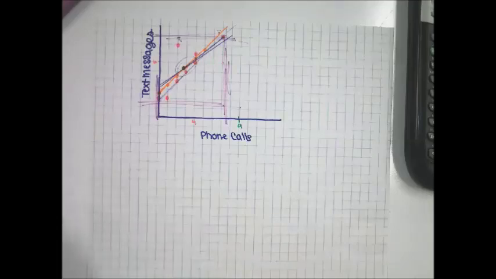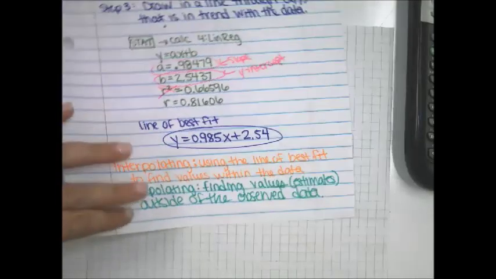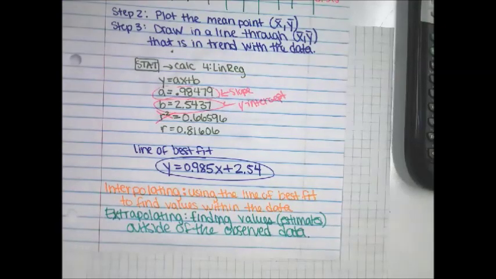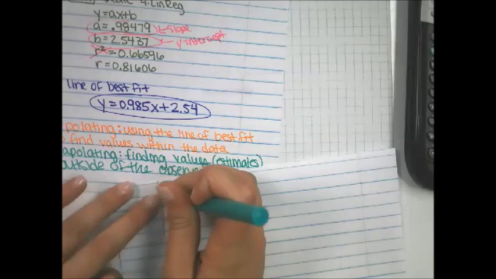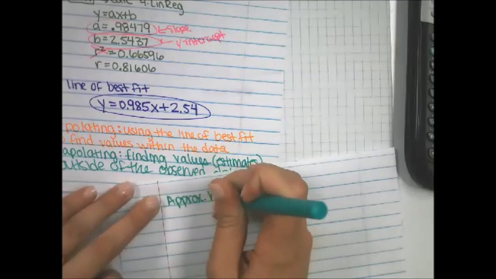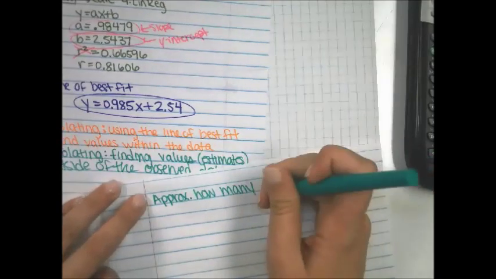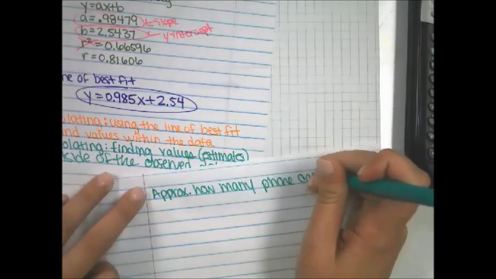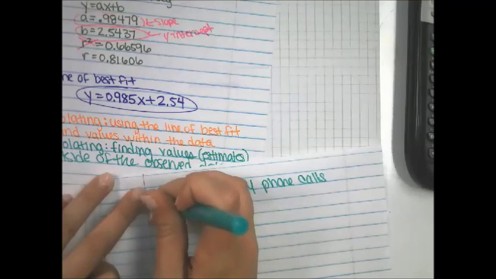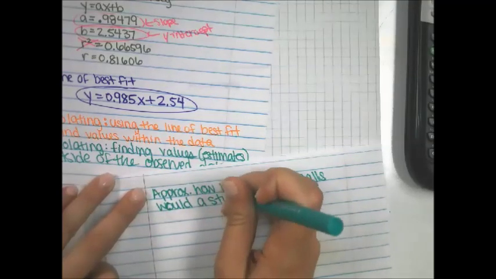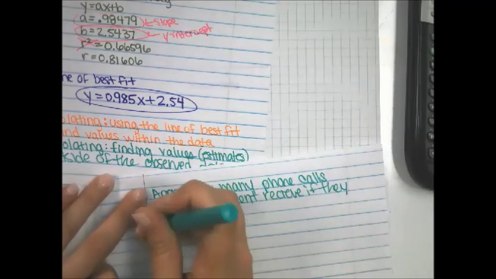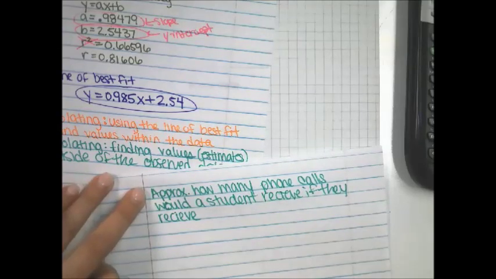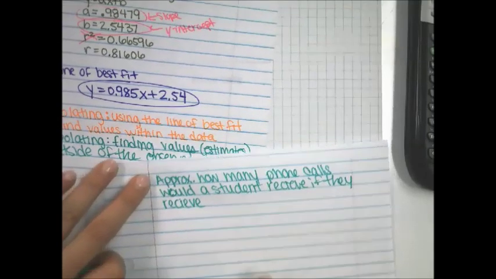So what kind of questions could be asked with this? I need another piece of notebook paper. If we're dealing with that same example problem, we could say something like, using your line of best fit, approximately how many phone calls would a student receive if they receive, let's do something that's extrapolating, that's outside of our data.